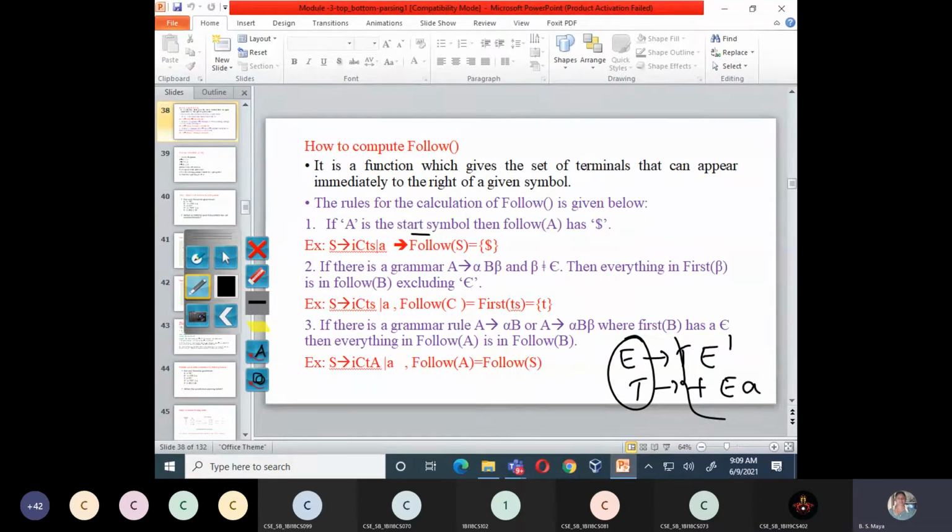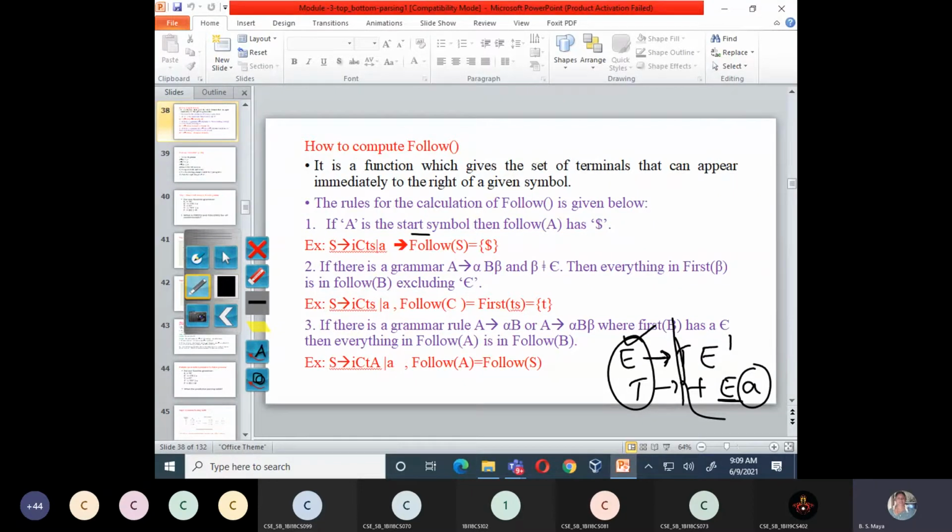First, you check what is the first of E. After the arrow mark, the immediate symbol is what is considered for first. Now we are checking the follow sets. After the arrow mark, I have to find the non-terminal E. What is the follow of E?